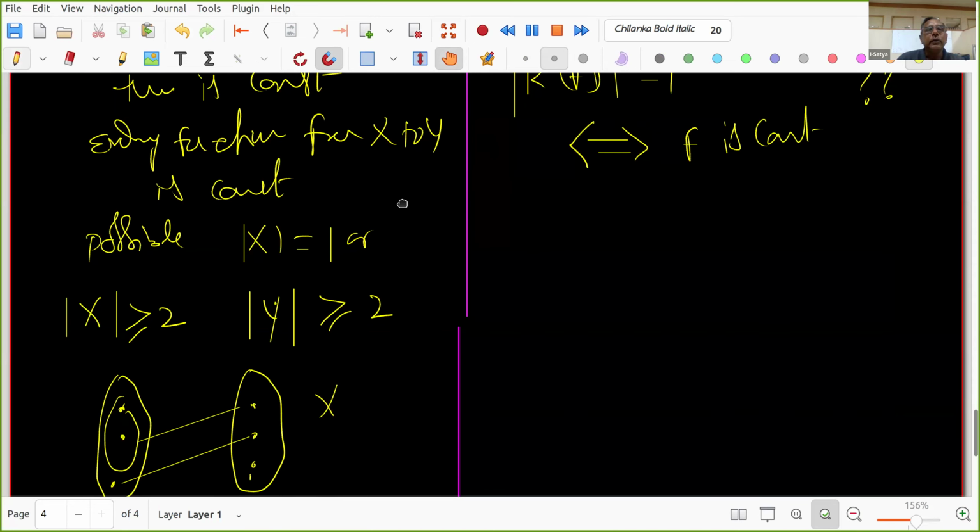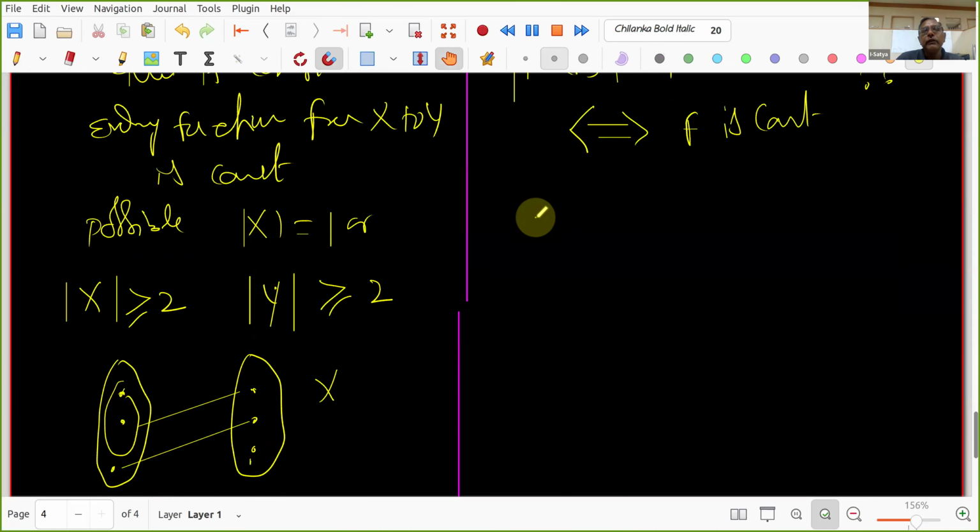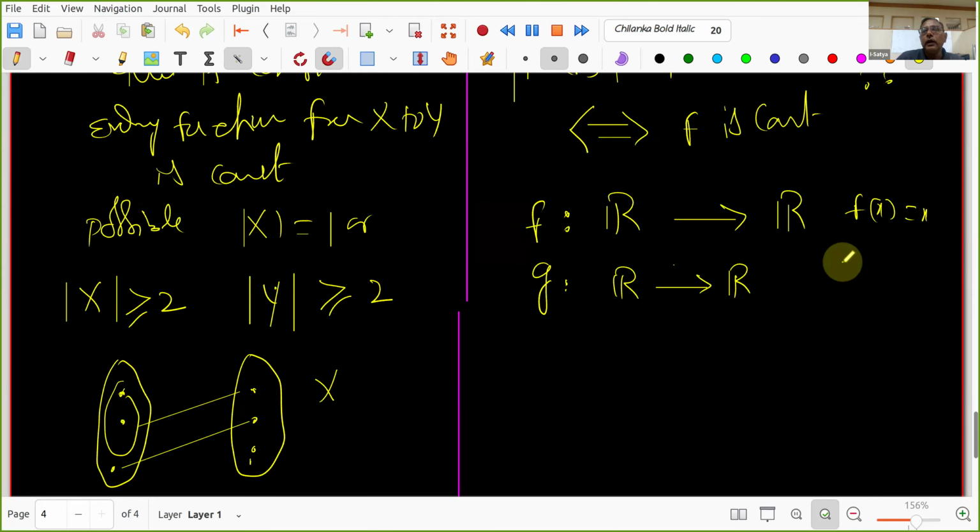So all of you are clear with this. I'll ask a few questions here. f is a map from R to R, and g is also a map from R to R. Here f(x) = x square, and g(x) = x only.